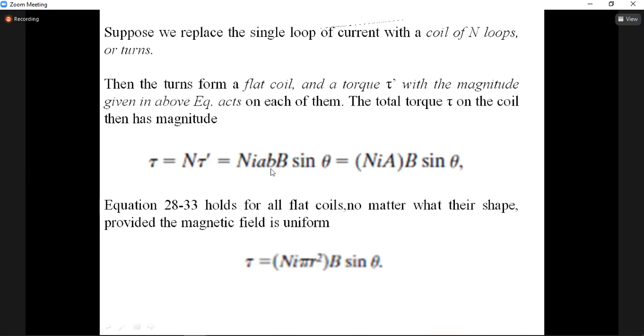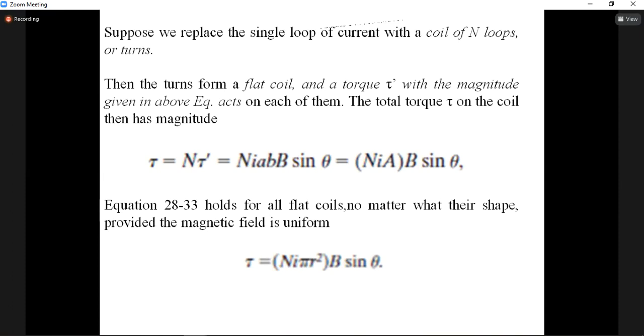A into B is the area of a rectangle. Length into width is equal to area. So they have taken it as area here, capital A. If I have a circular coil, I will write it as pi r square.